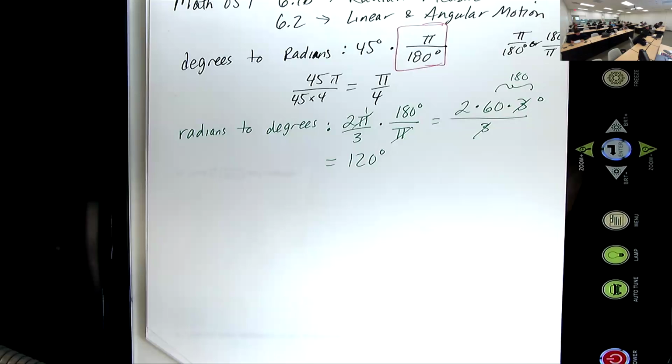So I recommend making flashcards, putting the degrees on one side, the radian measure on the other, and just flipping through them until you know what each one is, one way or the other, even if it takes you a couple seconds to think about it. Recall, we did have a strategy. You can watch the video on it, how we can go through and just go 1, 2, 3, 3, 2, 1.